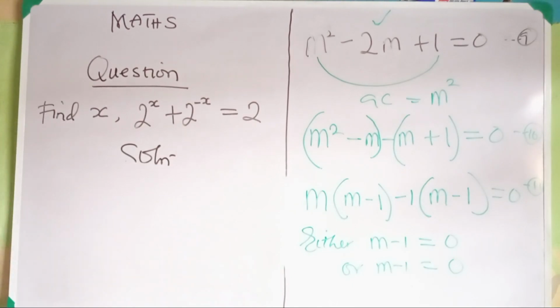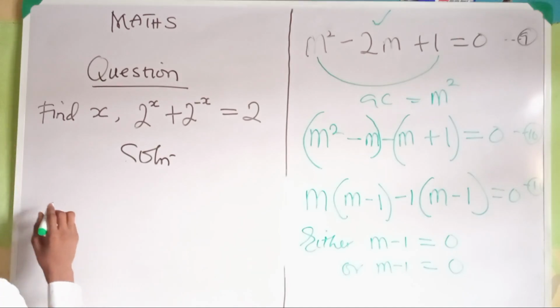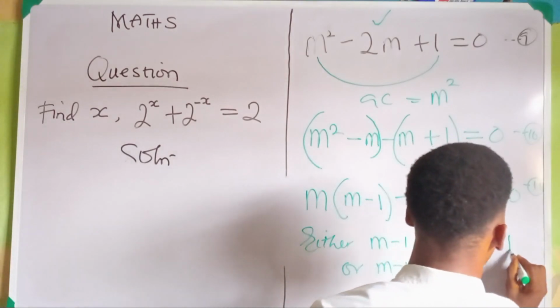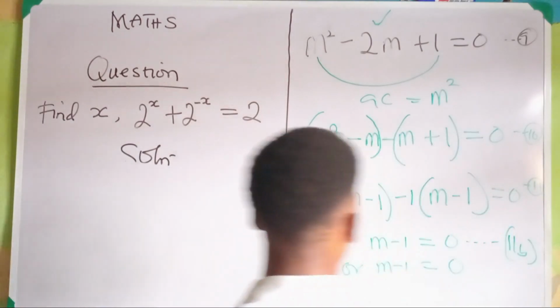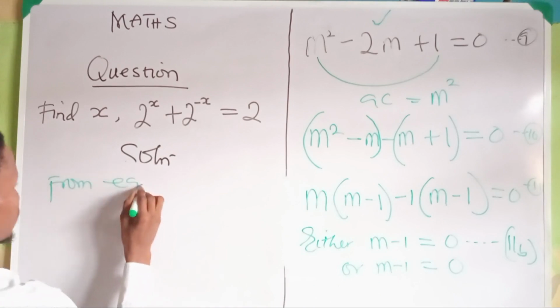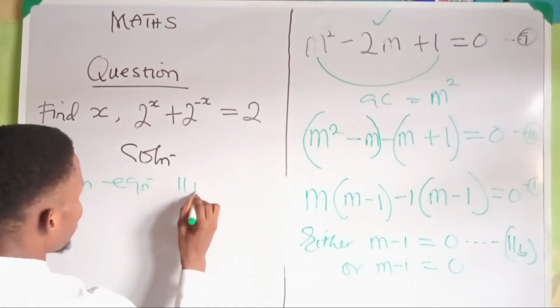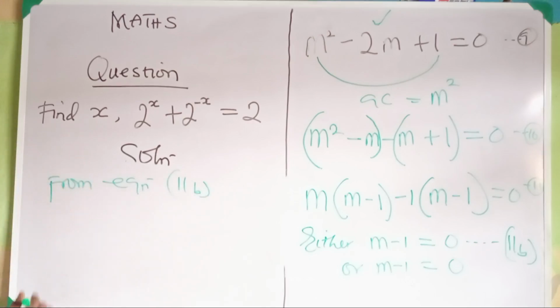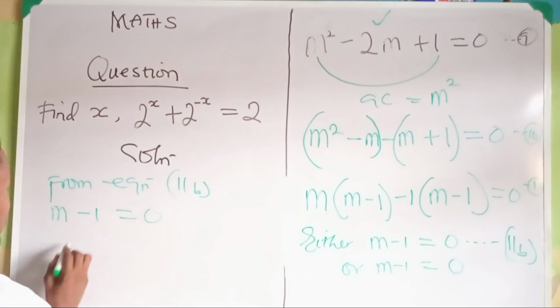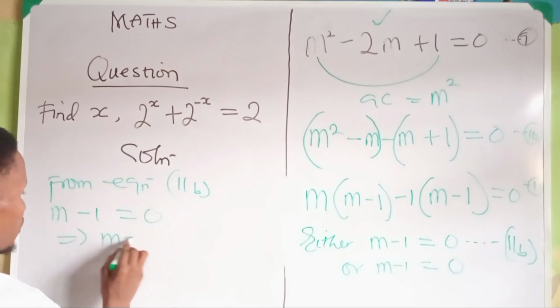Let's call this equation 11b. From equation 11b, we have m minus 1 is equal to 0, which now implies that m is equal to what?